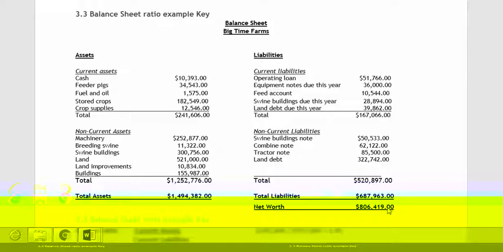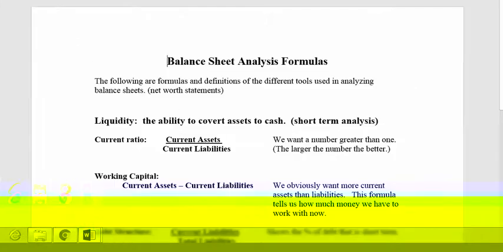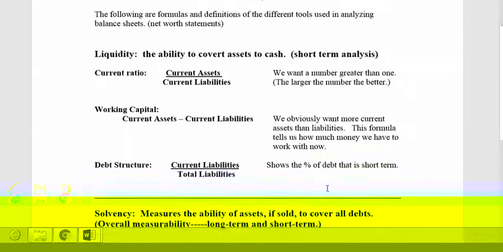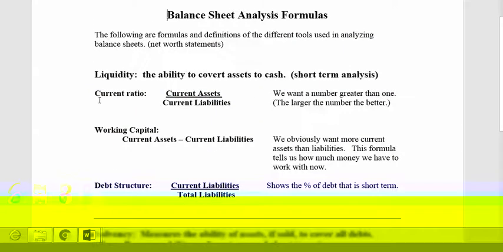In your packet and in content, you saw a sheet that looks like this: balance sheet analysis formulas. It tells us a little bit about these formulas, what we want to see over here. The current ratio is current assets divided by current liabilities.